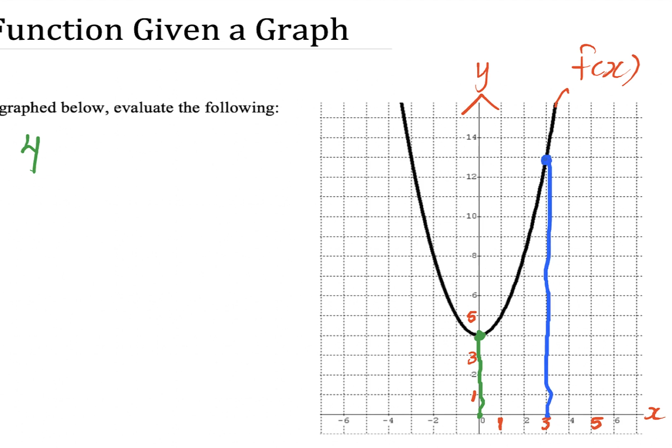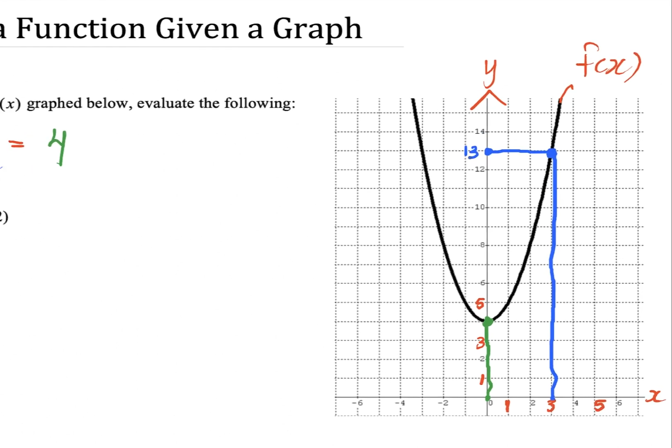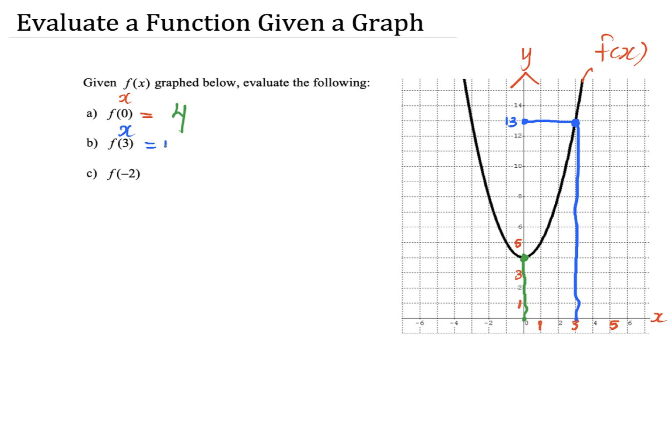I must find the corresponding y value, so I'm going to go towards the y-axis. Notice I'm between 12 and 14. Therefore, this value is 13. So when x is 3, y has a value of 13.